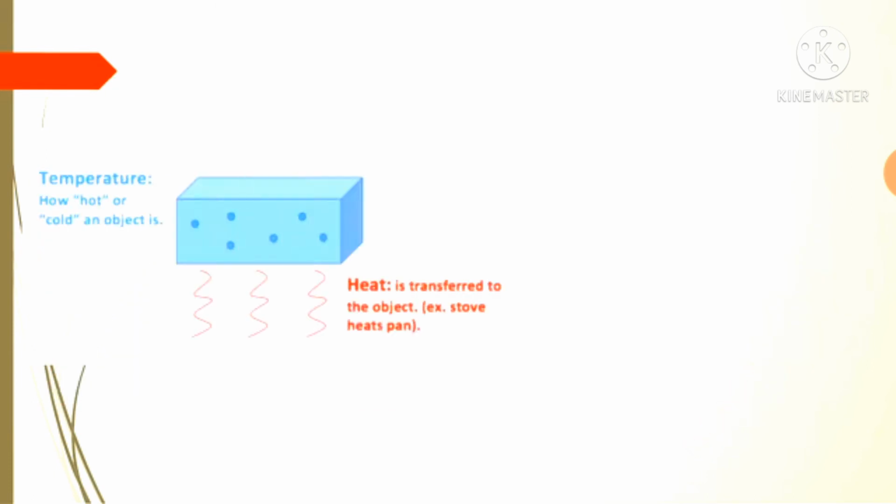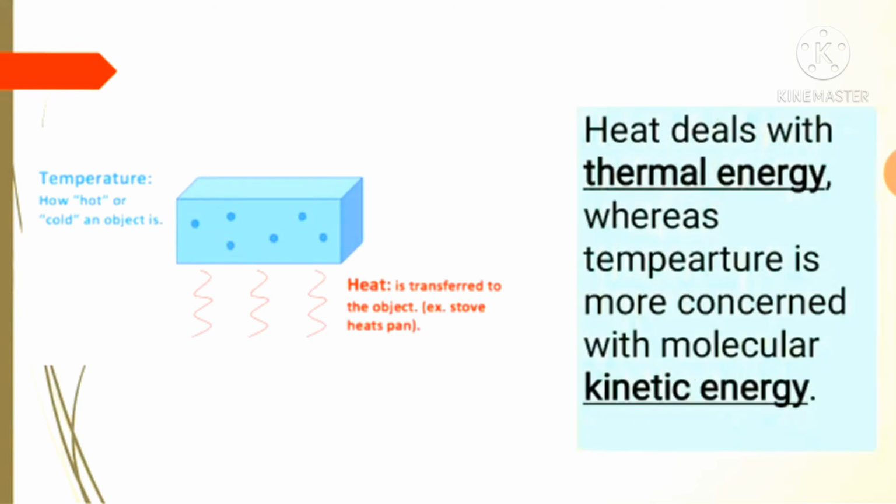Take a look at this picture. What have you observed? It shows the differences between temperature and heat. In this picture, heat deals with thermal energy, whereas temperature is more concerned with molecular and kinetic energy.